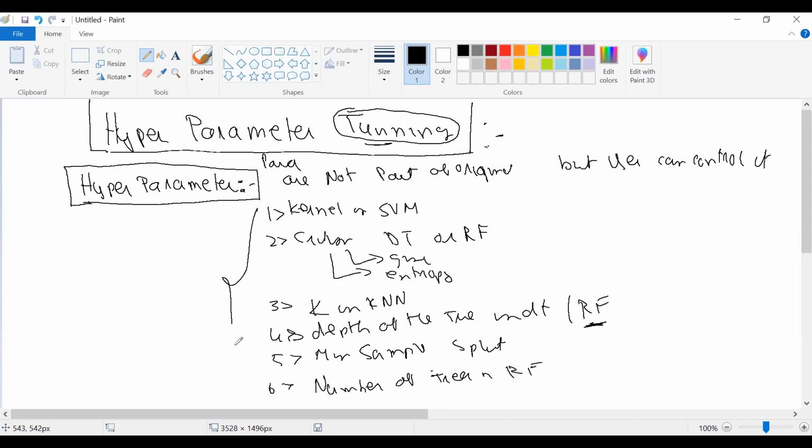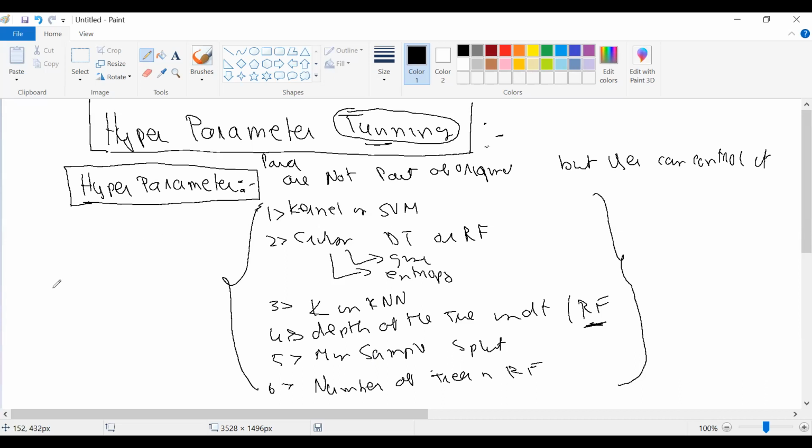Guys, please always remember some examples. Data science is a field of science, and in science, the best way to understand is by example. So always quote some examples. Kernel in your SVM, criteria in decision tree or random forest, value of k in KNN, depth of the tree in decision tree or random forest, minimum sample split, number of trees in random forest.